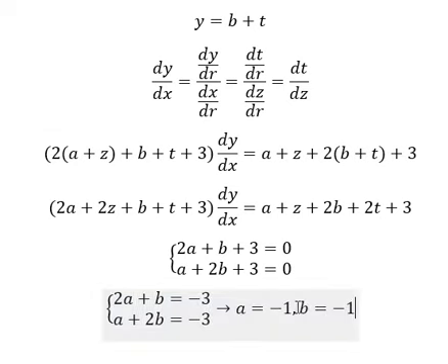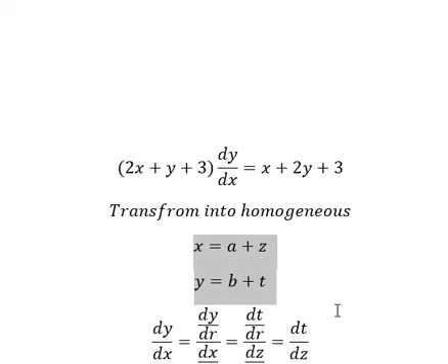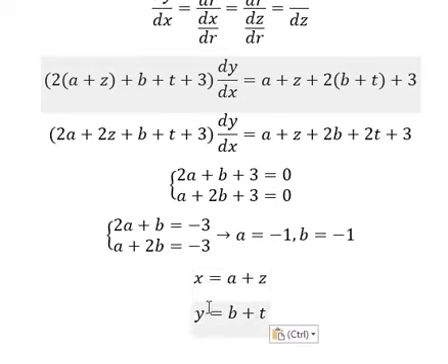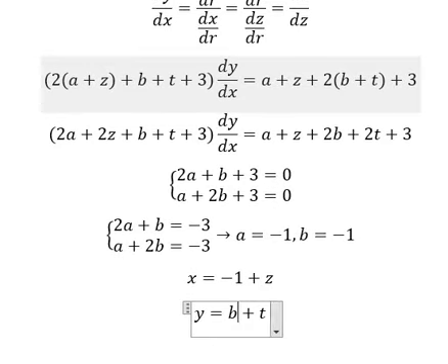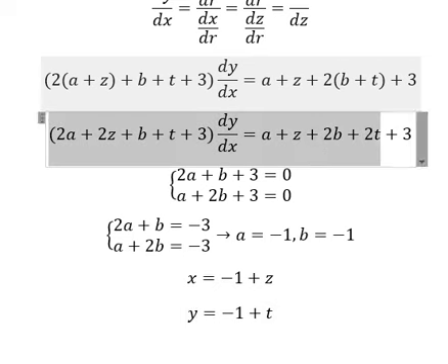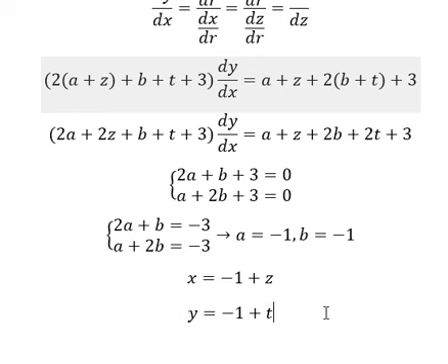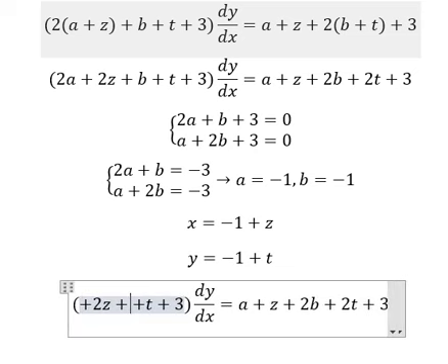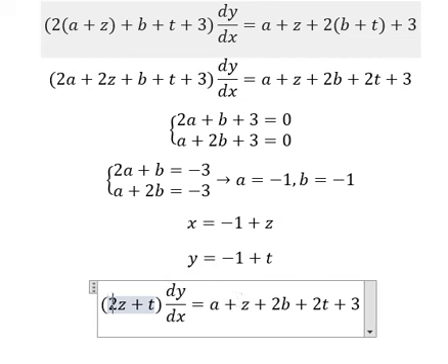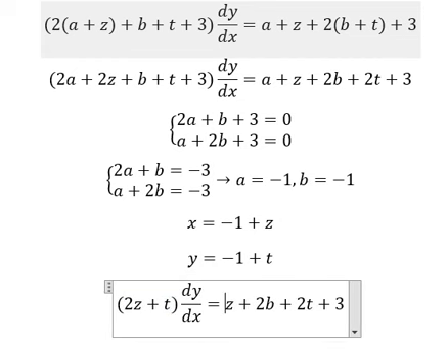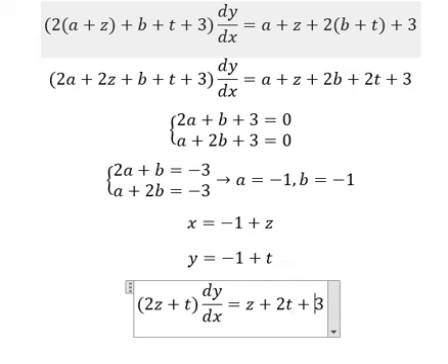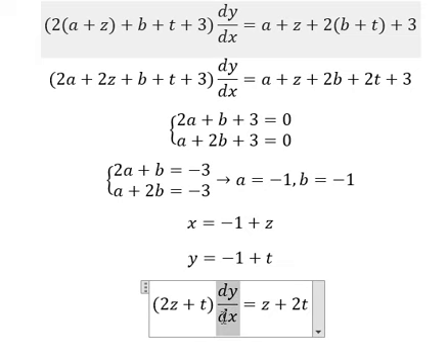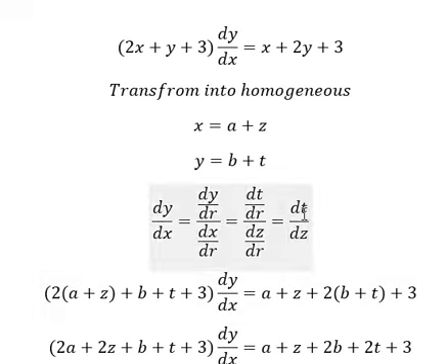So we put a and b go back in here. And after you get this one, we go back in here. So the constants equal 0. So we have like this. Similar for this one. dy over dx we change for this one.